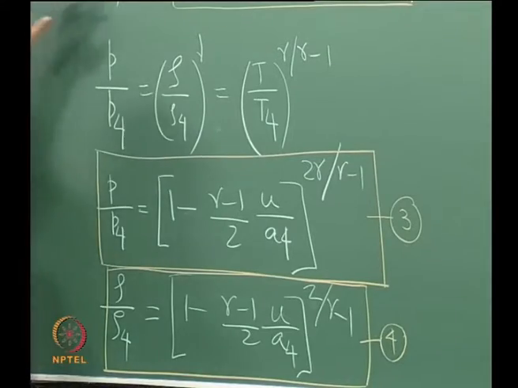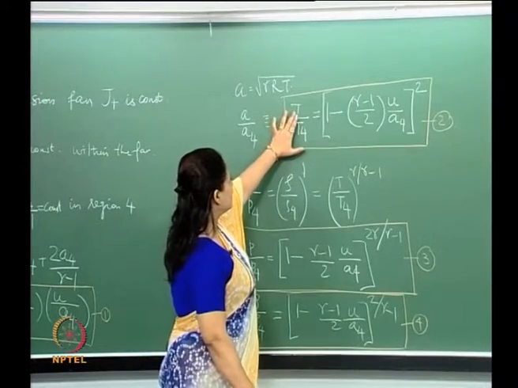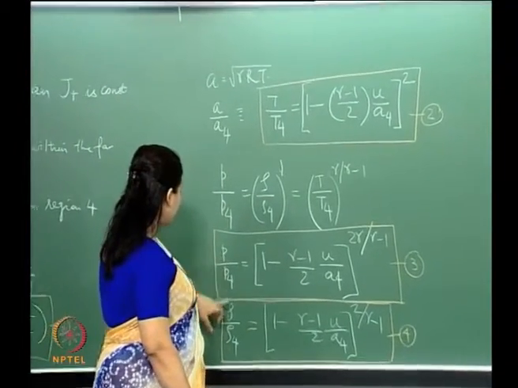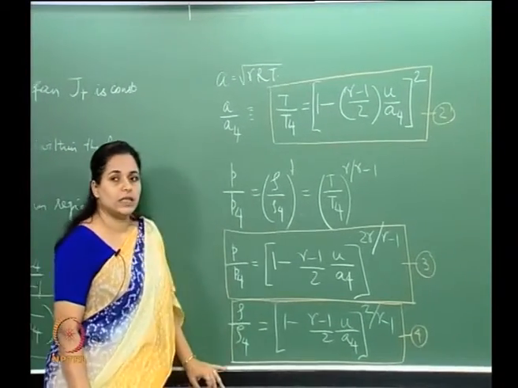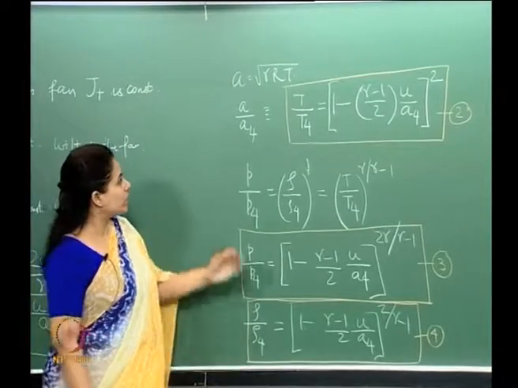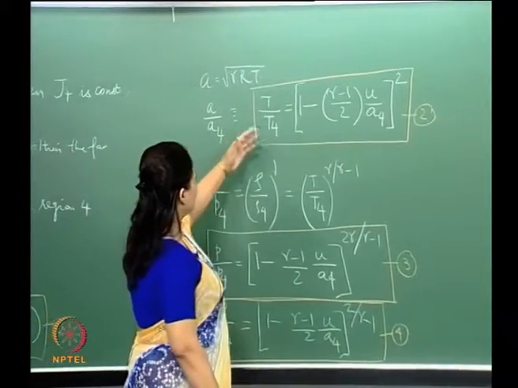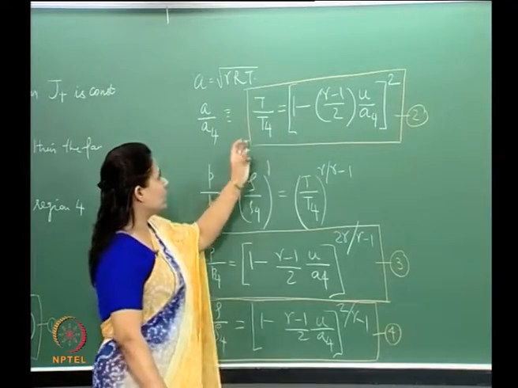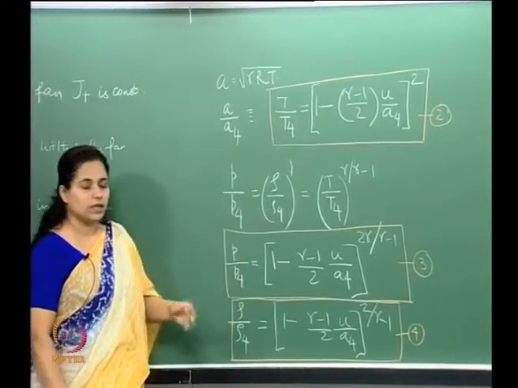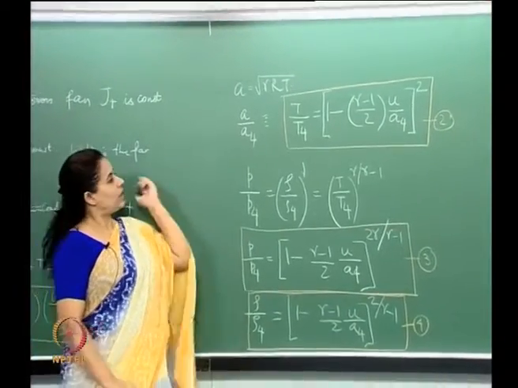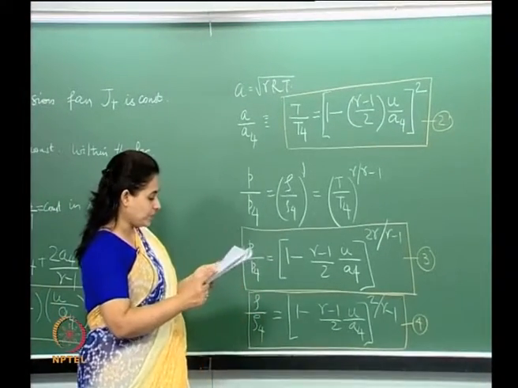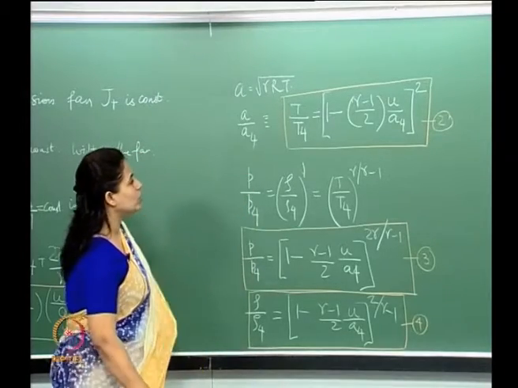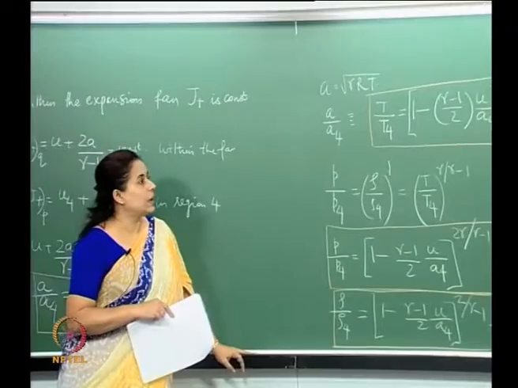This is the temperature within the expansion fan, this is the pressure within the expansion fan, this is the density within the expansion fan, and these are all with respect to the temperature, pressure and density in the quiescent region.